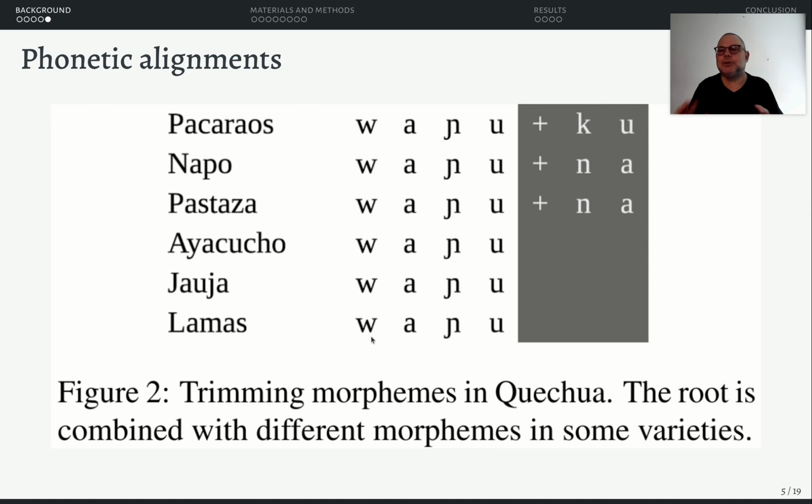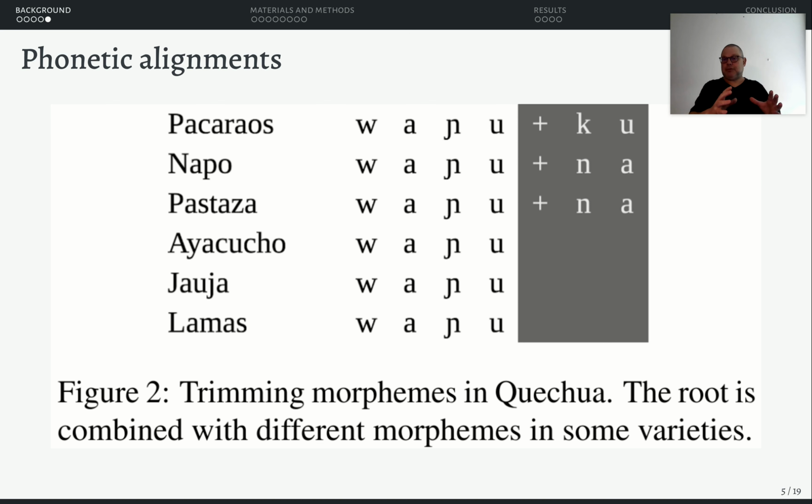This is done as well as possible. For some columns, like the first 4 columns here, we have a reflex in each language, but then we also have a few columns where we have to assume gaps in many languages. If we have many gaps, this is evidence that this is perhaps not part of the root, but is some kind of affix, which should not be considered for establishing sound correspondences.